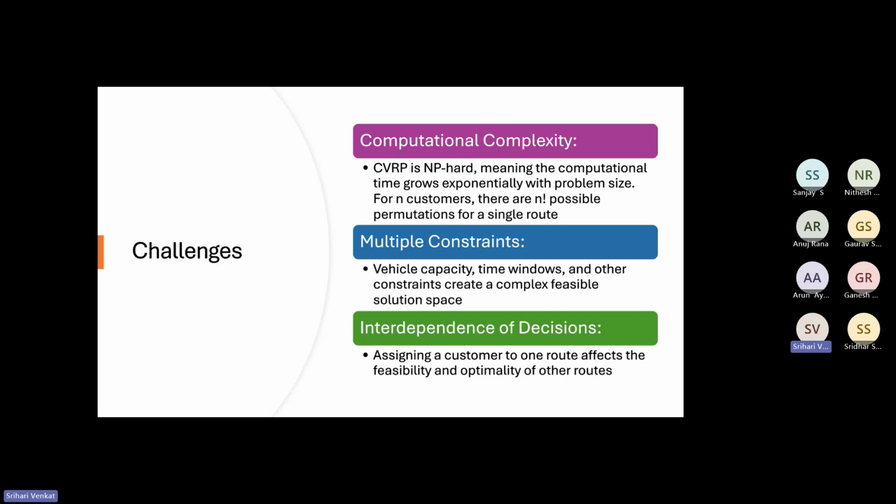So we need to come up with an optimal way of even choosing the vehicles, like which vehicle to assign to which location. And if I assign a vehicle to a particular location, it affects the servicing of the next location. So the interdependency plays a big role in solving this.